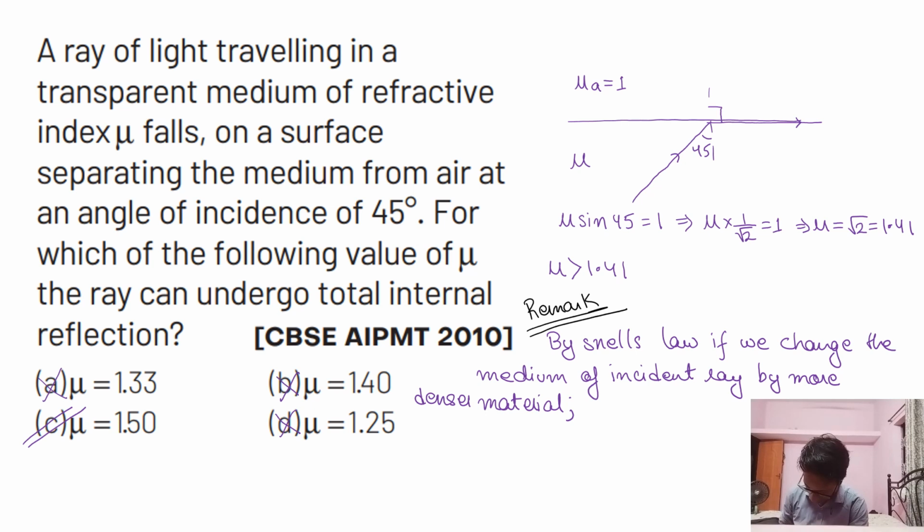The critical angle decreases. That means if I substitute this substance by a more dense material, this critical angle would further decrease. That means even at 45, total internal reflection would occur.